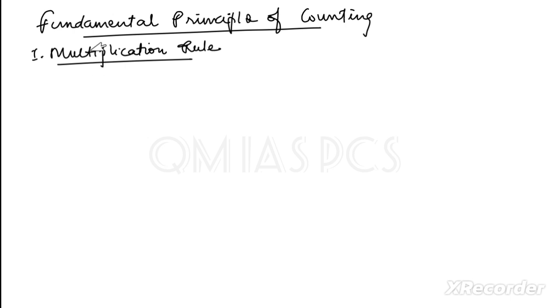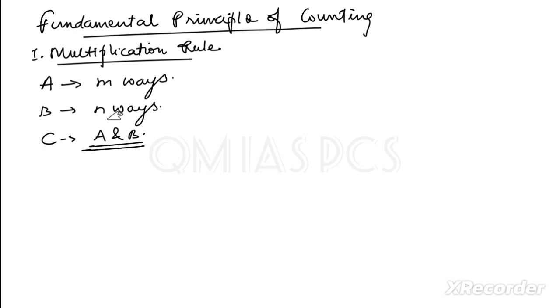If a work A can be done in m ways, and another work B can be done in n ways, and C is a work which is done only when both A and B are done, in that case the number of ways of doing the work C will be m cross n, m multiplied by n.